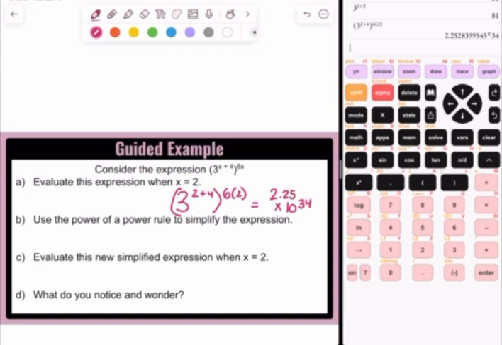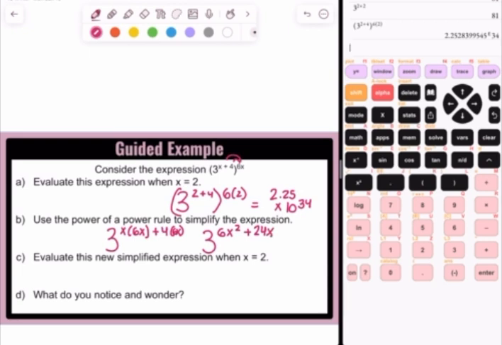All right. Use the power of a power rule to find the equivalent expression. So I have to multiply. You have to multiply what's on the outside by everything on the inside. So it would be 3 to the 6x times x plus 4 times 6x. So that would leave me with 6x squared plus 4 times 6 is 24x.